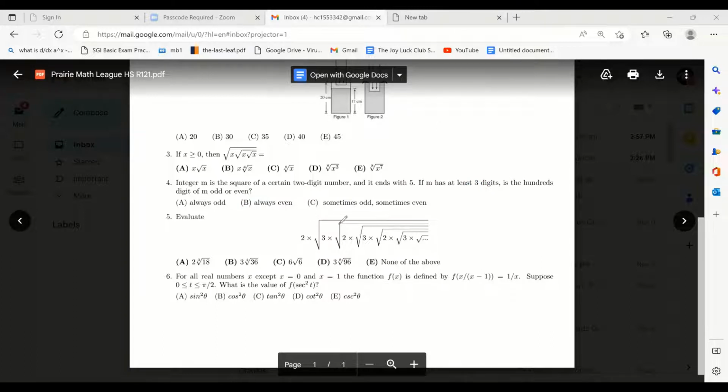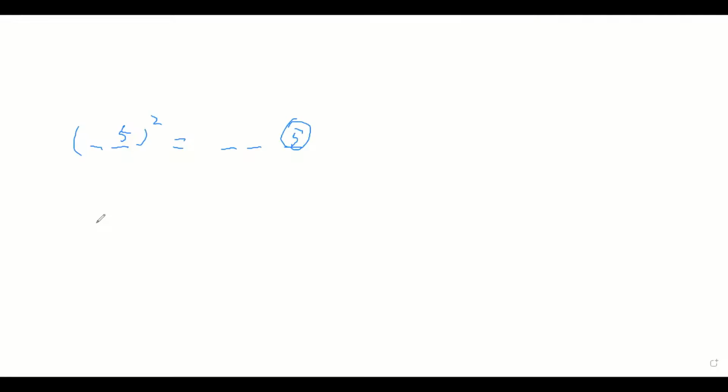It is not sometimes odd, sometimes even. It is always even. Just pick a random two-digit number. If it ends with a 1, then it's not going to end with a 5, because this number doesn't have a factor of 5. So if you square this number, you also won't have a factor of 5.